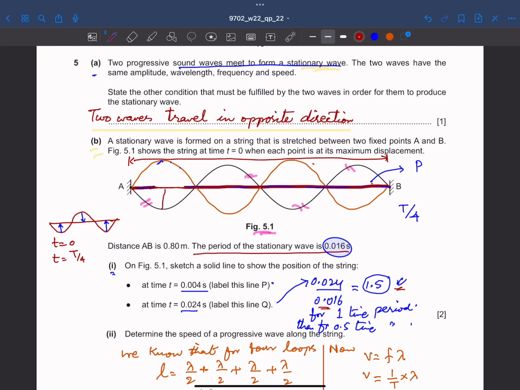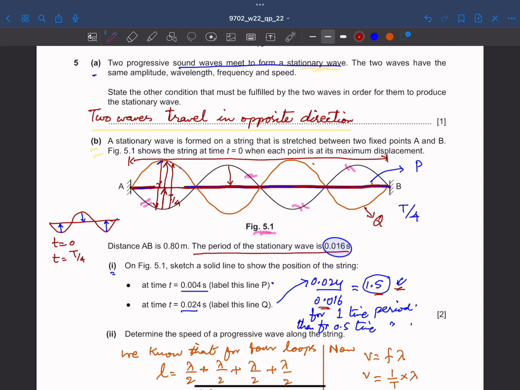So 0.5, here you have T over 4. This is T over 4 and so on. But for 1.5, what is the situation? This is T by 4, this is T half, then you are coming back and again coming somewhere here and then going back. So 1.5 T is the position of the string somewhere here.